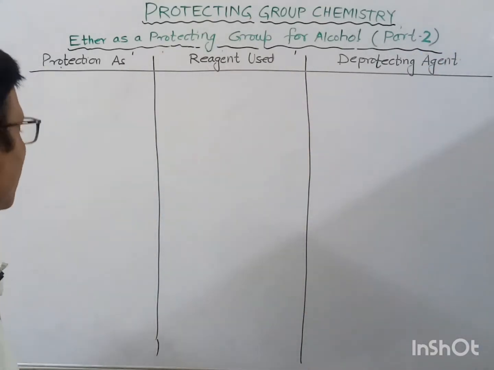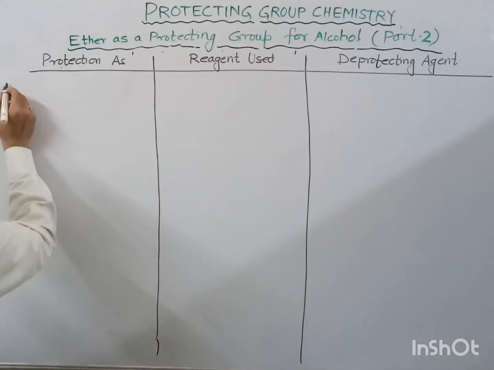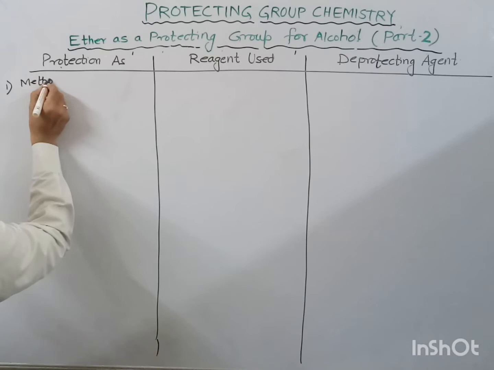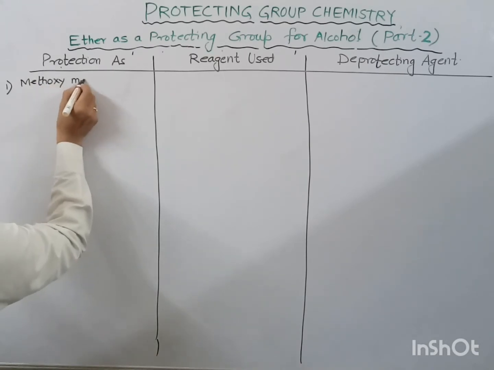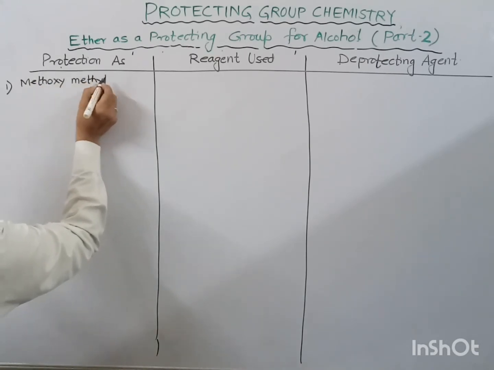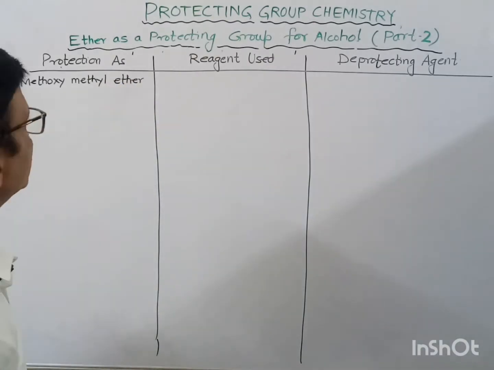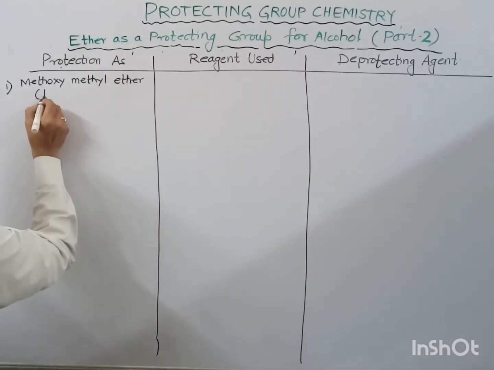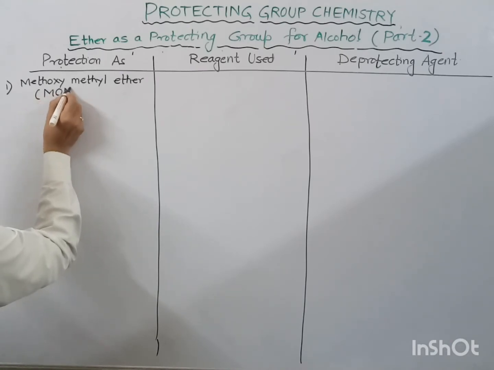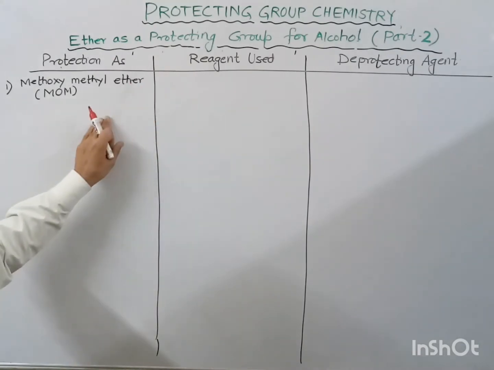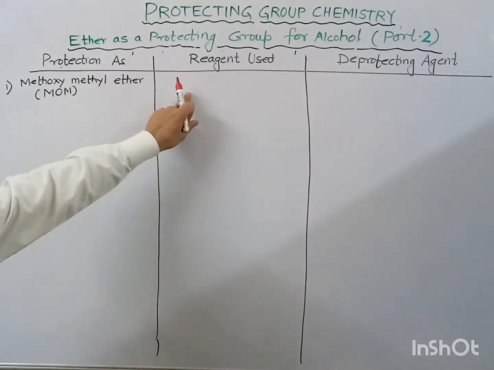Now first is methoxy methyl ether. The short form for this is MOM, we call it MOM, and the reagent used for this is methoxy methyl chloride.